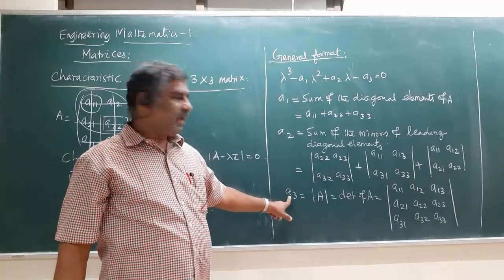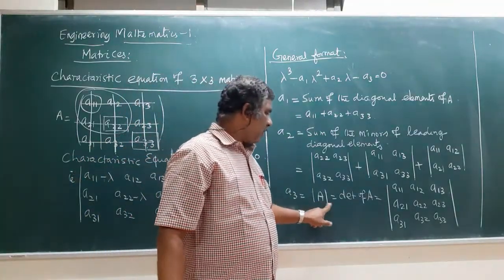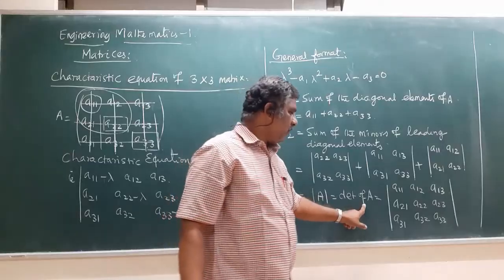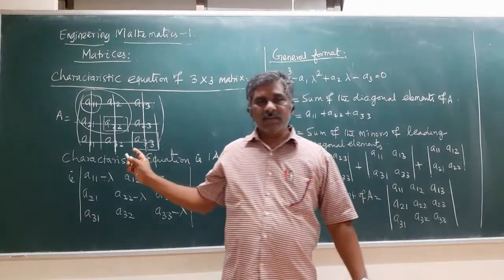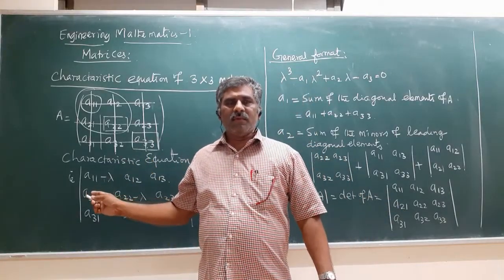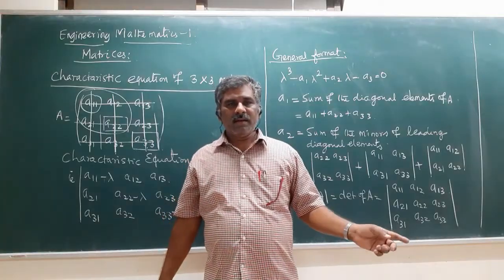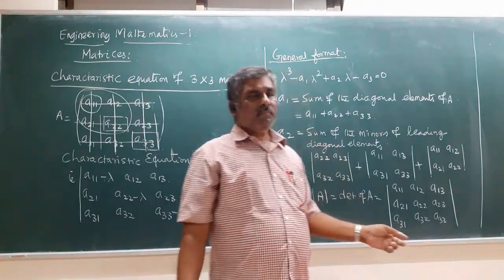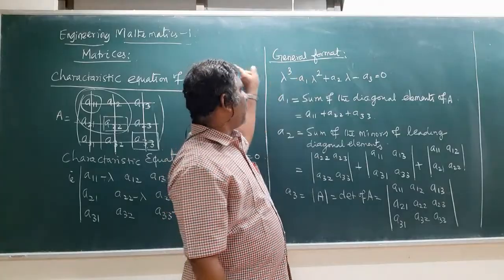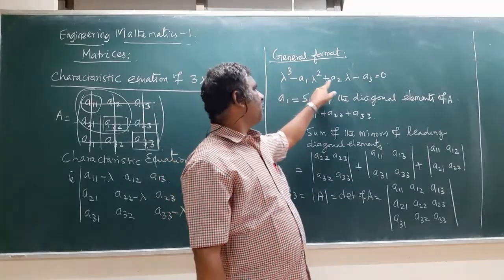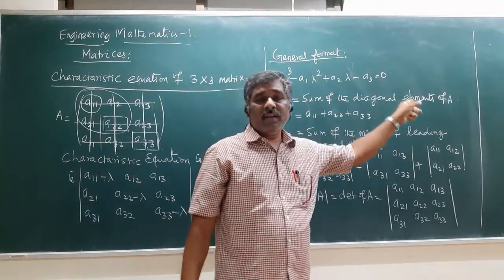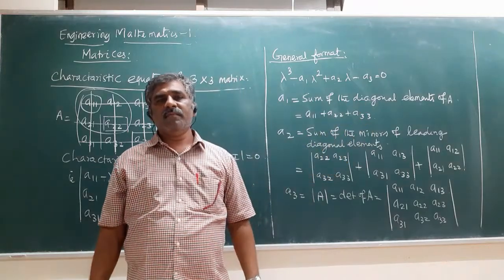How to find A3 here? It is the determinant of A. That means you have to find the determinant of the given matrix. So we will get the characteristic equation of the 3 by 3 matrix: lambda cube minus a1 lambda square plus a2 lambda minus a3 equal to 0.